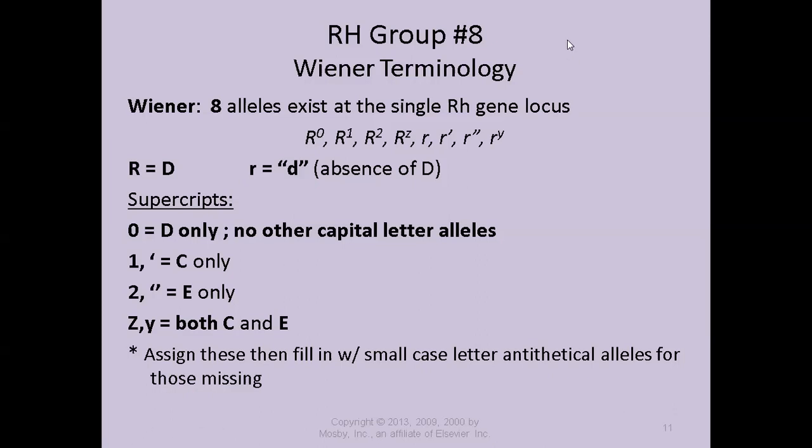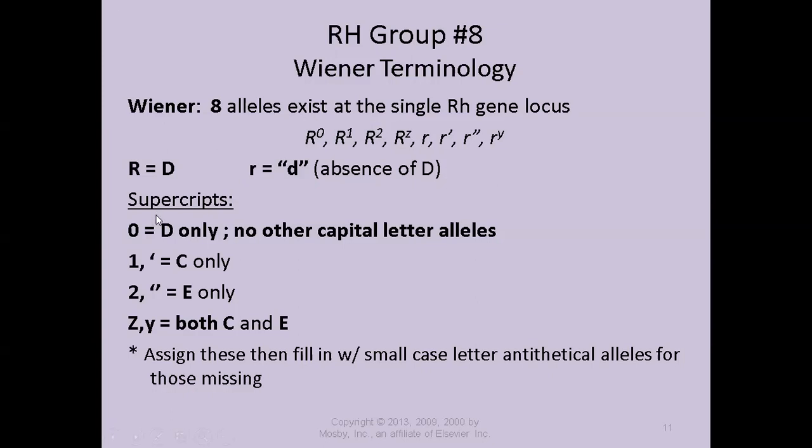Then we see that each one of these letters, or most of them, has a superscript. This is telling us which other antigens of the Rh system are present. So let's look at the superscripts and then we'll do some examples.